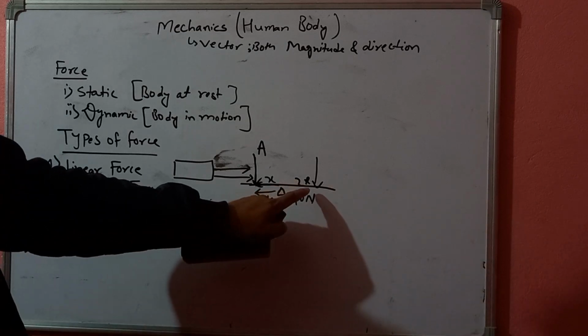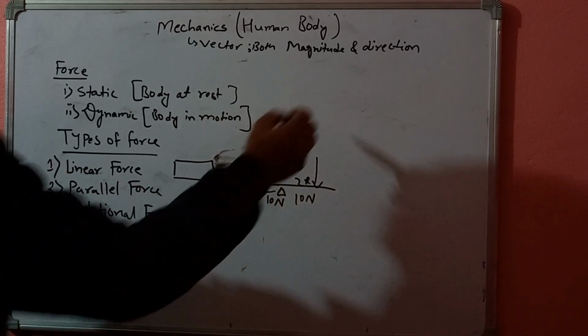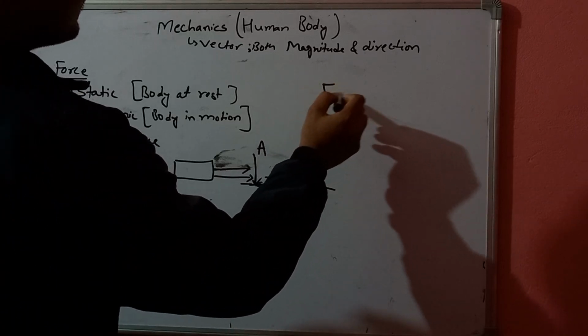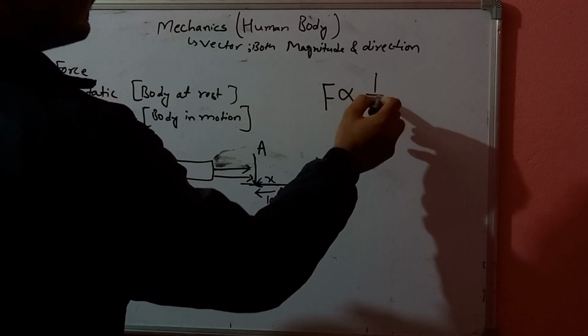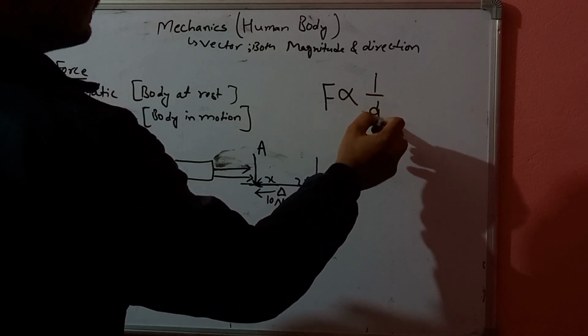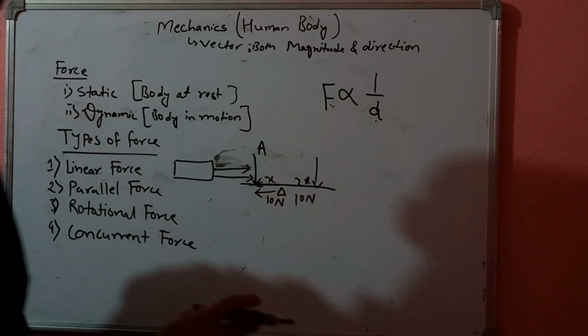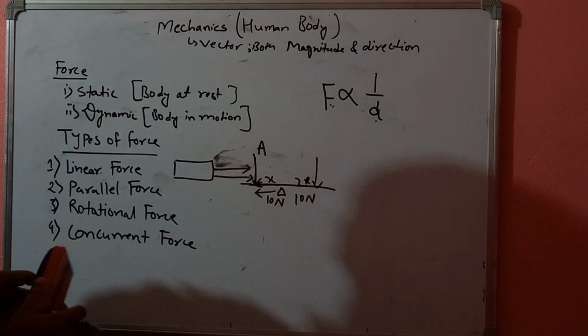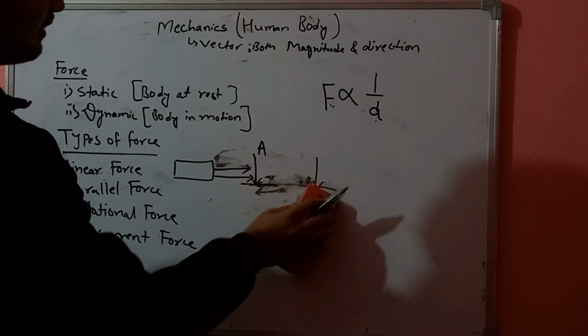Here the distance is more, so the force should be less. Force is inversely proportional to distance. Less force is required for more distance, right? And this we can study in physics, that is a physics topic.